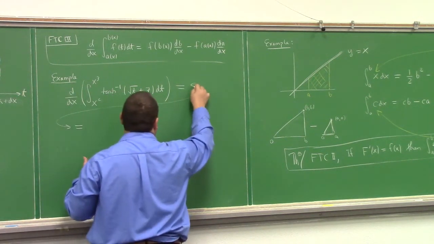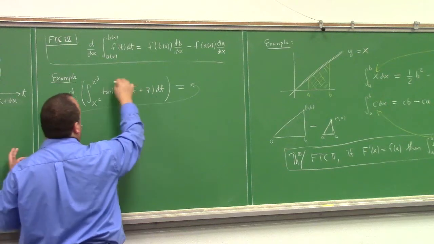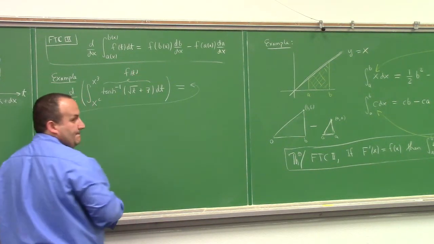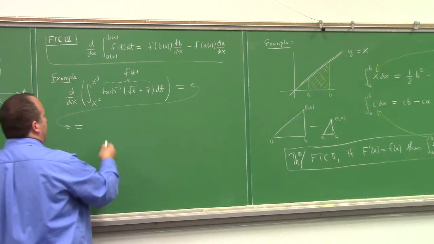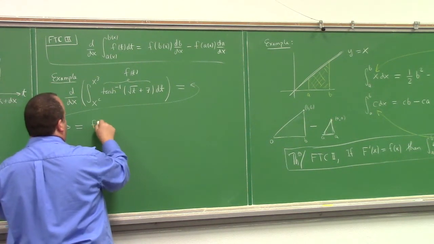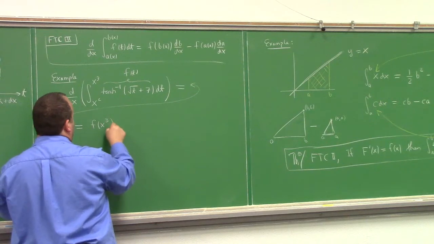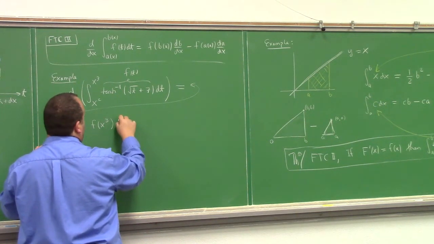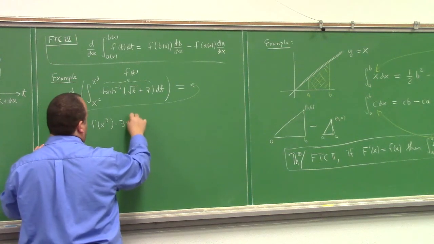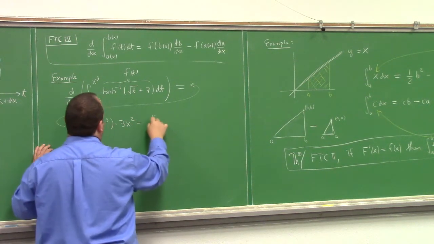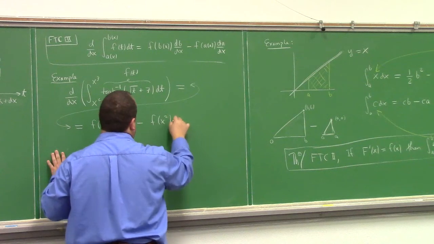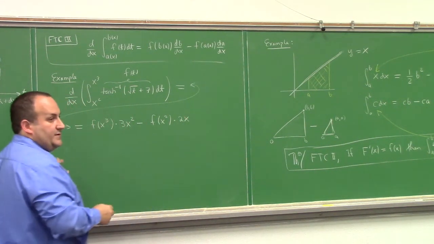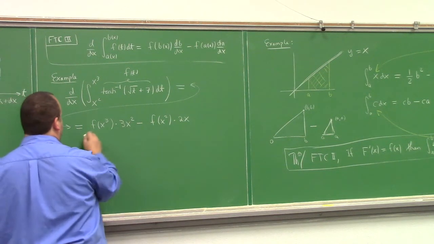But that's not a problem, because we just say, okay, this is my f of t, and so what I do is f of x cubed times the derivative of x cubed, which is 3x squared, right? Minus f of x squared times the derivative of that, which is 2x. So I have to evaluate the integrand at x cubed.